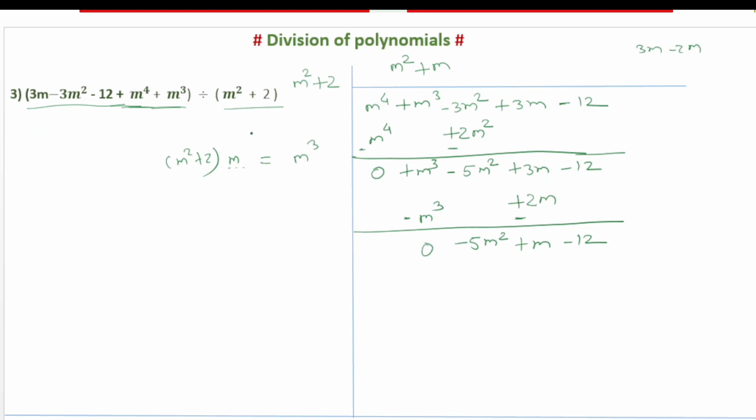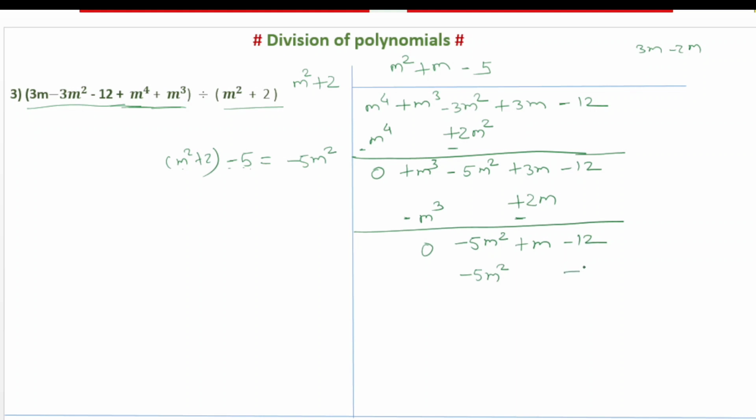Now we want minus 5m². How do we get minus 5m²? If we multiply this polynomial by minus 5, minus 5 into m² gives minus 5m², and minus 5 into 2 gives minus 10.